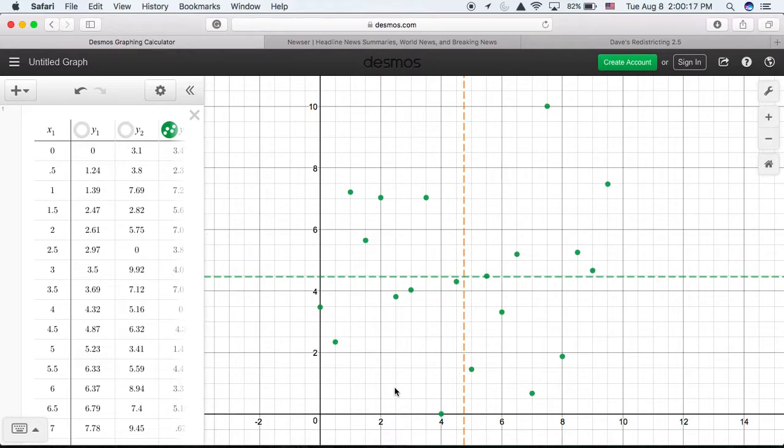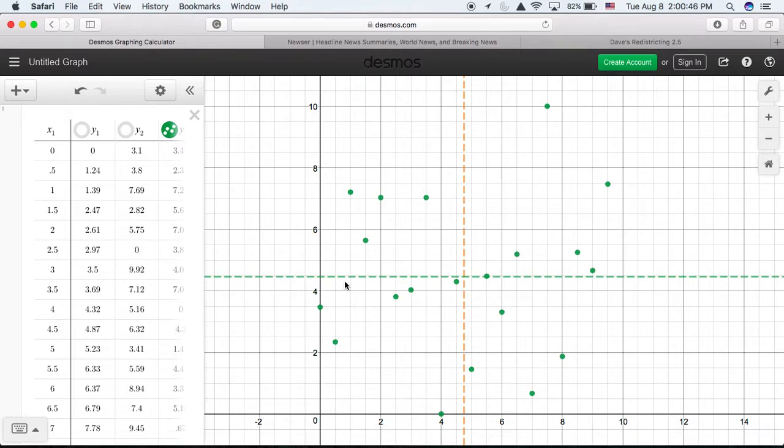And then we've got several in the first and third, but that point is more or less on the line. This point's a little bit above the line. The ones in the third quadrant are all not too far away from the line separating the third quadrant from the second quadrant. So not as strong of a linear relation there.